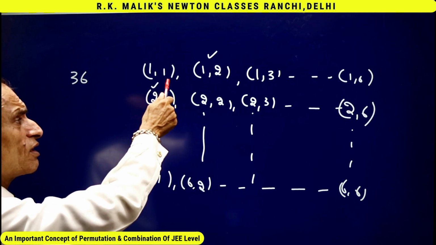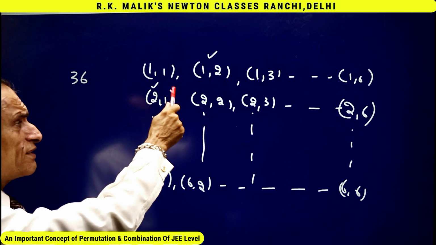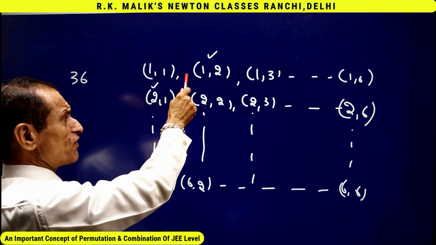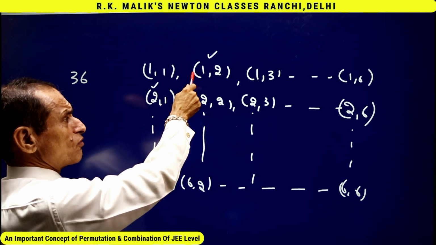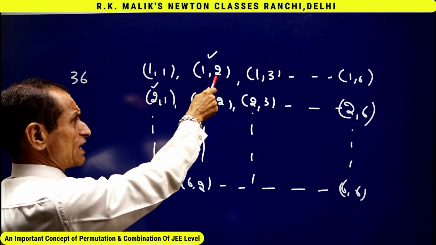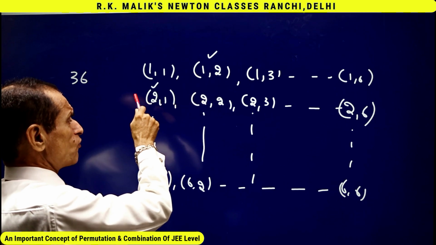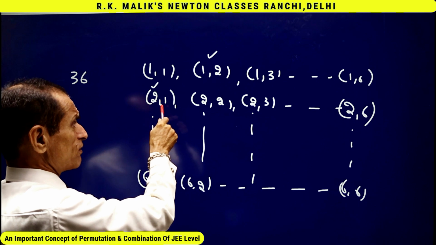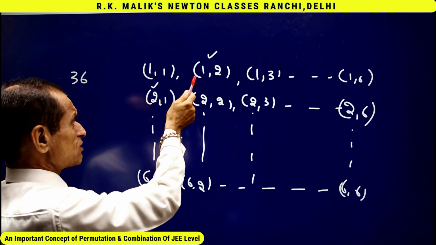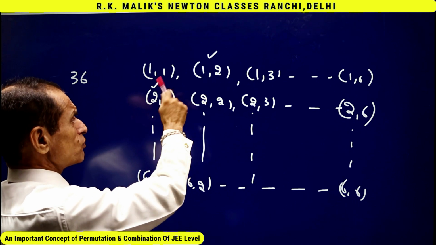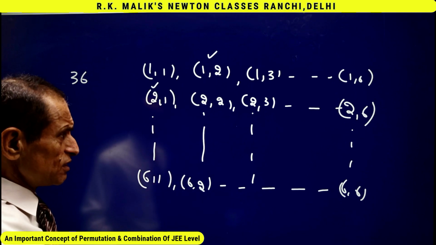These two will be the same case because the dice are identical. In the case of different dice, this means on first die 1, second die 2, and this means on first die 2, second die 1. But in the case of identical dice, these two will not be different cases.